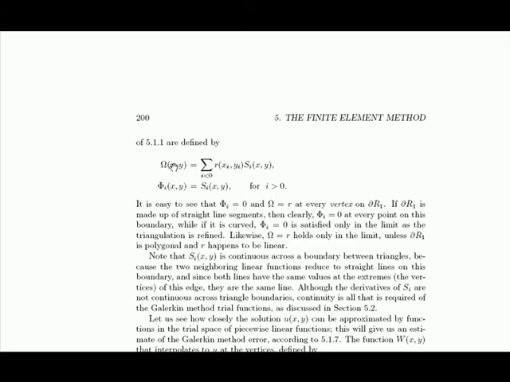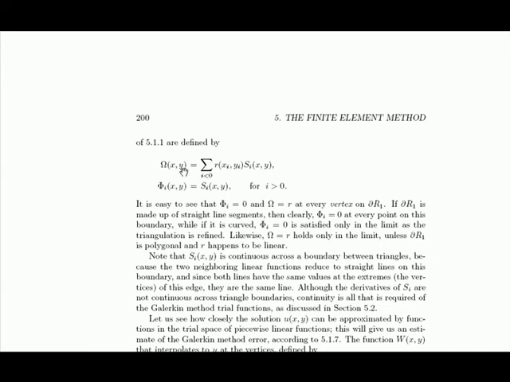So at any point on the Dirichlet boundary, the essential boundary, omega will be equal to R, or at least it will be equal to R at the nodes there, and it'll be an interpolant to R at other points, I should say.